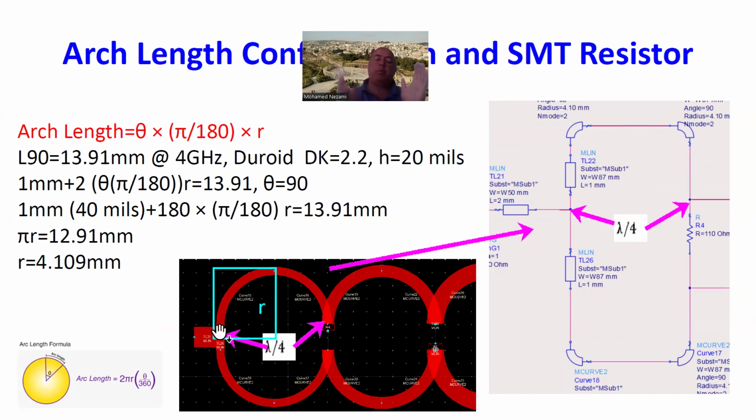Many people do it different ways, but the simplest that I found is usually like this: you make an arc here, you make an arc here with a total length of a quarter wavelength, and you make it shorter by half of the length of that resistor, because you want to make sure that the arc in here and the arc in here leave enough room for the surface mount resistor to be soldered in there.